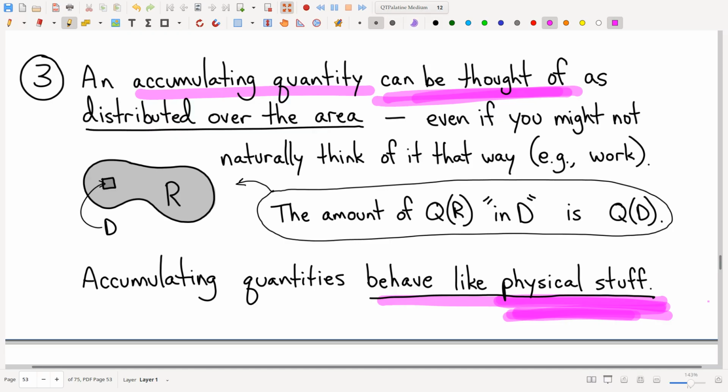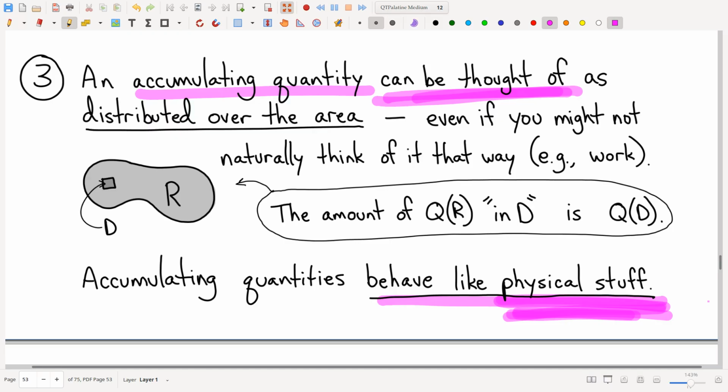And the grand total amount of work that's on the bottom of the pool, well, I can think of that as stuff distributed across the pool. I can think of some of that stuff as being in this little tiny region, this little region D. And if I ask how much of this imaginary substance is there in that little region D, the answer is going to be, well, how much work would it take to clean that little region D?